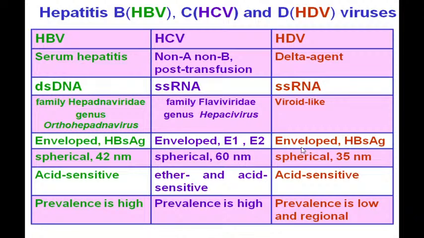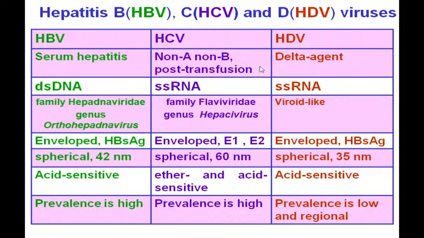Here you can see the distinguishing features of the three most common hepatitis viruses, HBV, HCV and HDV. The disease caused by HBV is called serum hepatitis. HCV had been discovered later on.